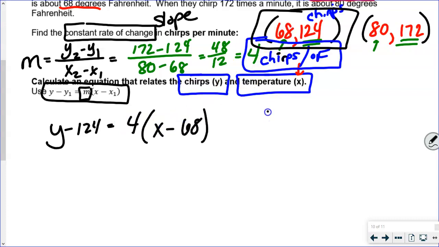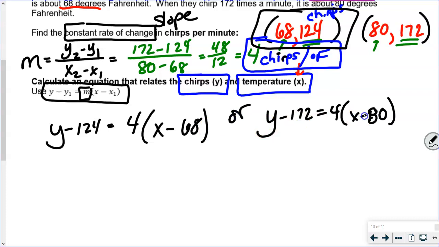I will also accept you other people who said y minus 172 equals 4 times x minus 80. These are both good. And on my answer key, I have both. Now, they don't want you to do anything with the equation, guys, so is it worth your time to rearrange it and simplify it? No, walk away from that question and do the last one.